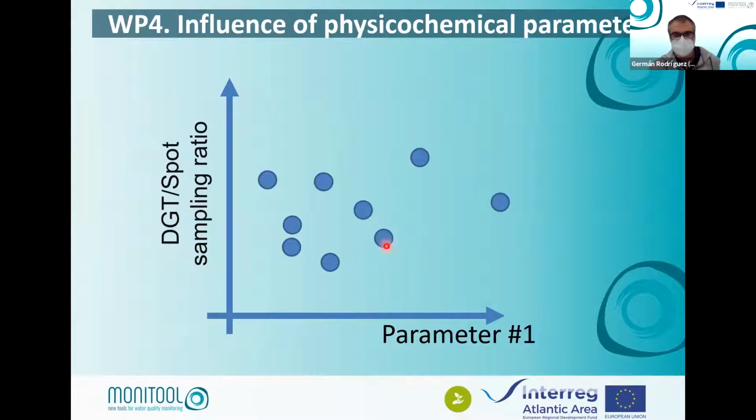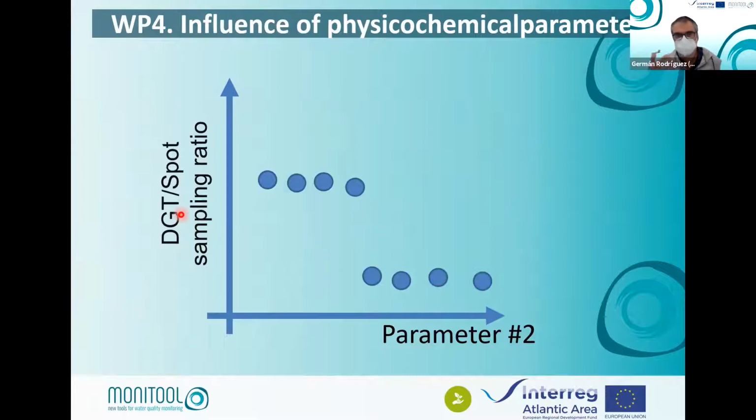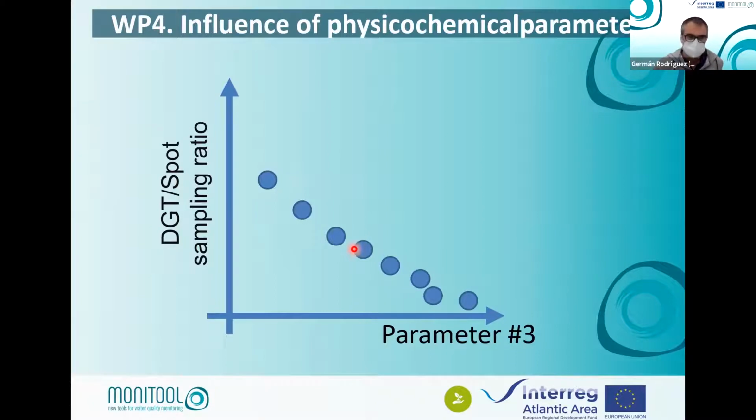Okay, if we get this kind of relationship, we can consider that this parameter is not explaining the relationship between methods. Also, we can get this kind of relationship with a break or with a jump. Also, this kind of relationship or this kind of relationship. So we have explored all the possible combinations among the ratio between methods and all the environmental variables.